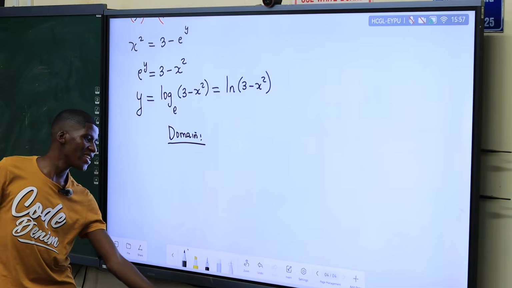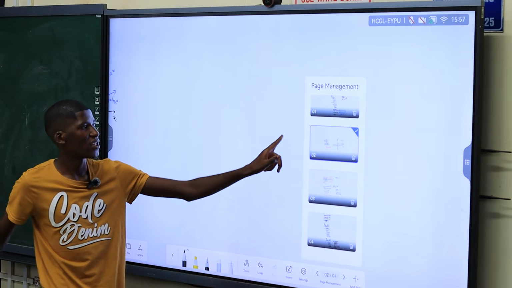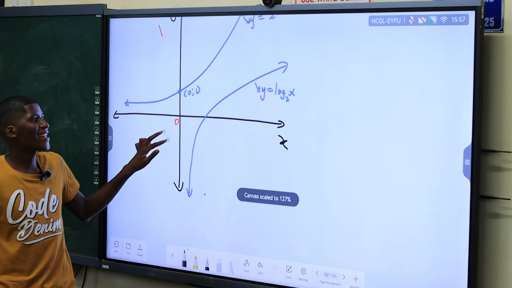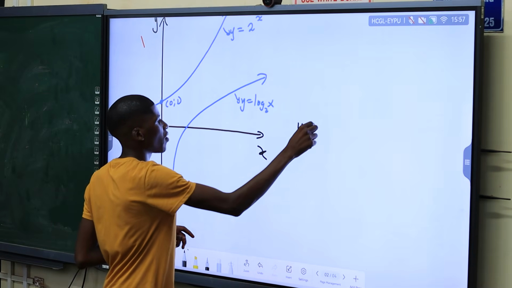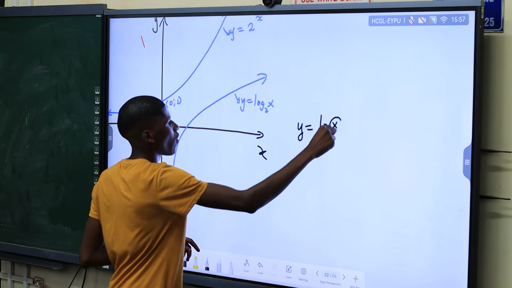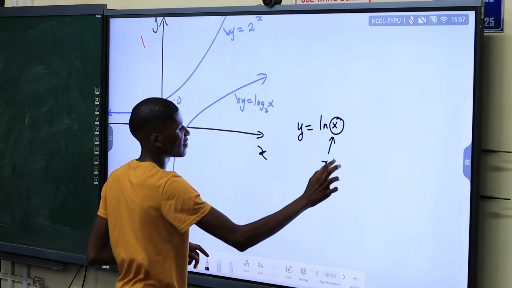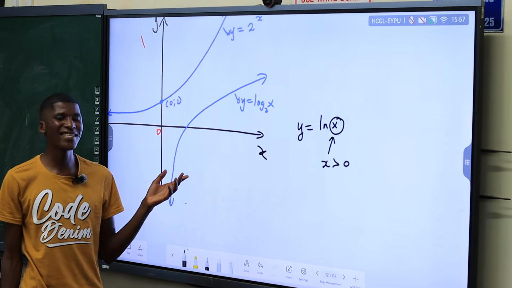When it comes to the domain of a natural log, if we are given y is equal to ln of x, whatever the argument is must be greater than 0. It's not always x is greater than 0.